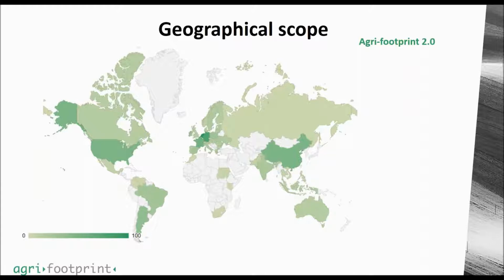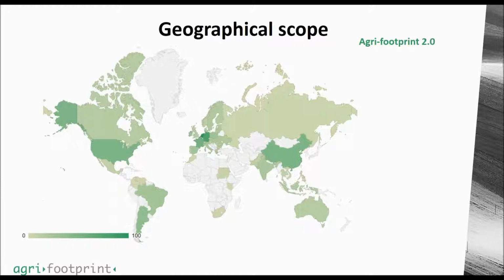Canada got also greener with the inclusion of more grains in Agri-footprint version 3, and Mexico, Colombia, and Venezuela have been also added in scope, which was not the case in Agri-footprint 1. And we also see that Pakistan, India, and China have an expanding scope in version 2 as well.